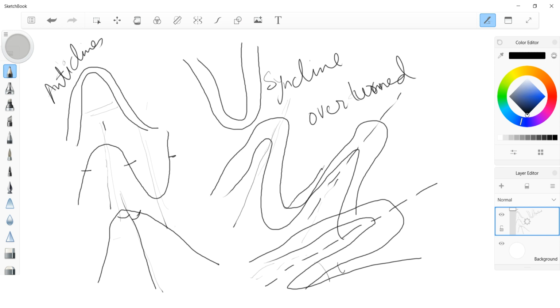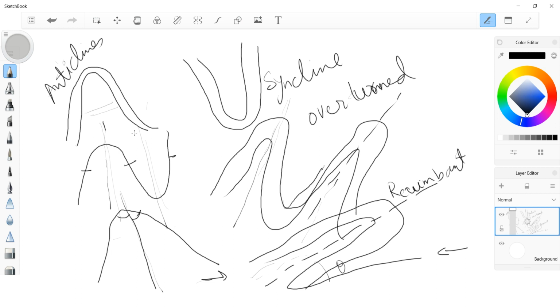So this one is called recumbent, and recumbent simply means lying down. And so this is what it looks like, that due to this compressional force, one rock mass is completely overlying the other rock mass. So this one is called recumbent folding.